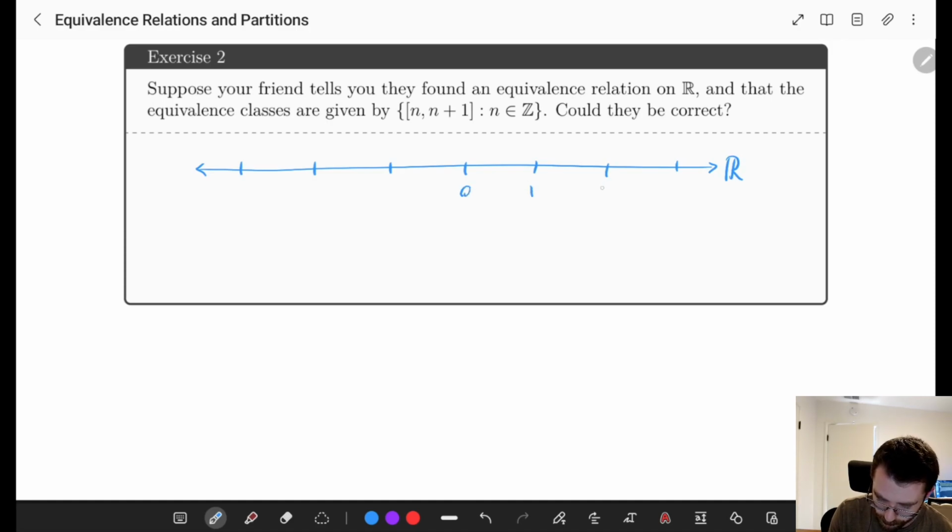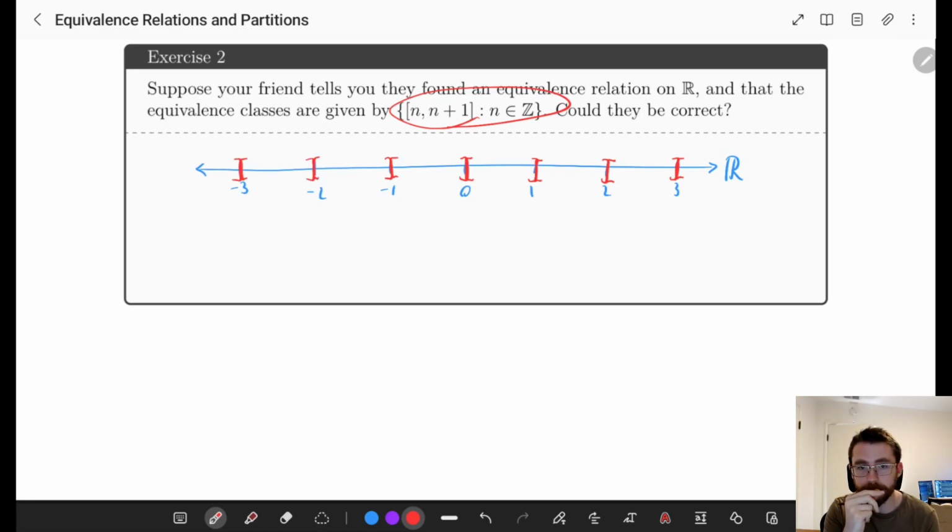Here's 0, 1, 2, 3, etc. They're telling you that this collection of intervals includes the closed interval from 0 to 1, the closed interval from 1 to 2, from 2 to 3, 3 to 4, etc., and going this way as well. This is the collection of subsets he's handing you that he claims are equivalence classes for some equivalence relation.